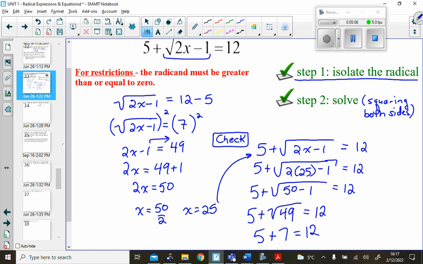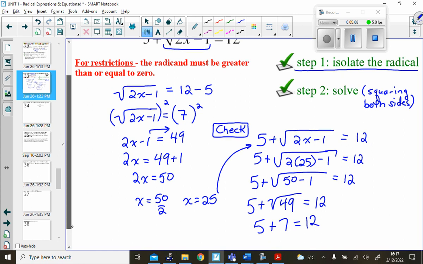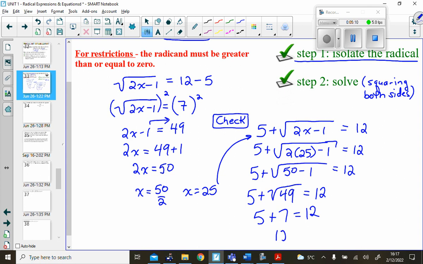Hey, look at that, it works. 12 equals 12. Profound mathematical statement, but therefore you've checked. You know x equals 25 is indeed an answer to the question. So our steps were to get the radical alone, square both sides, solve for x.